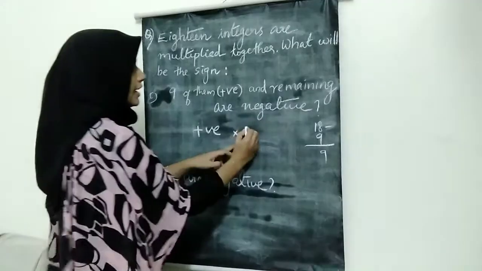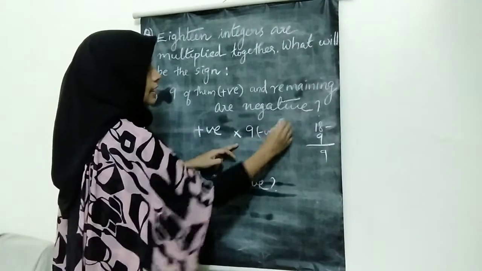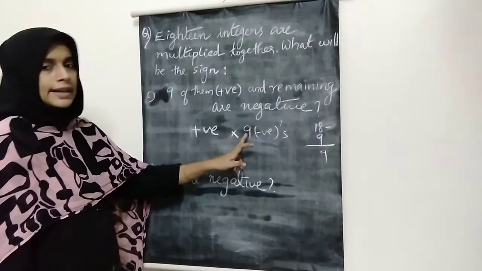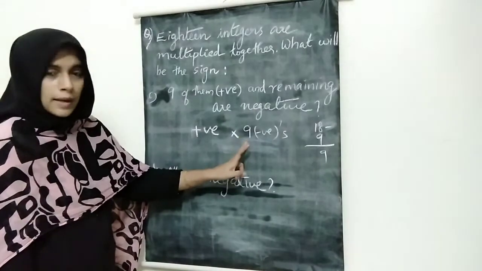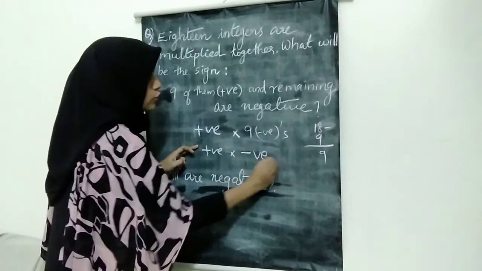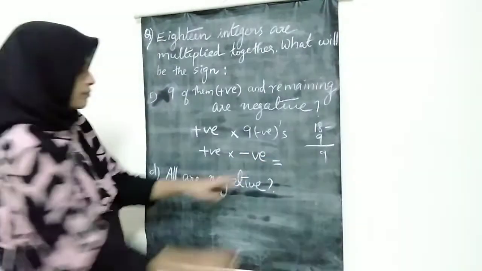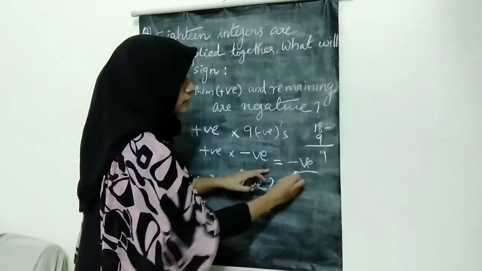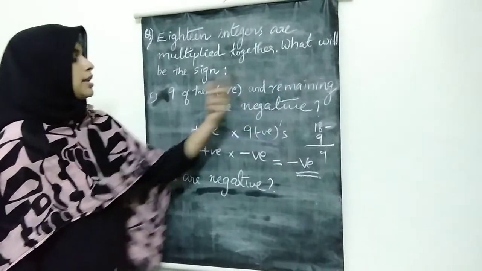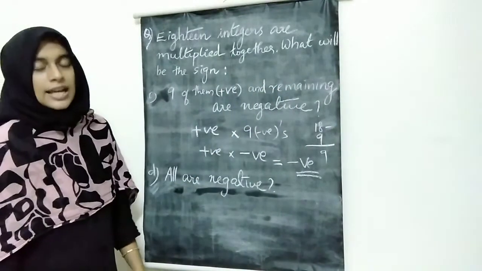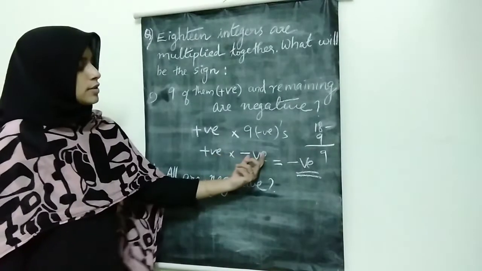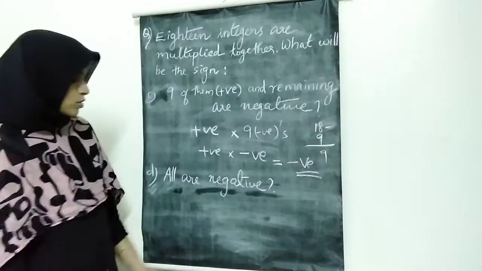Okay, so 9 negatives. 9 is odd number. So, we'll get positive into negative. What is positive into negative? Negative. So, the answer is negative.